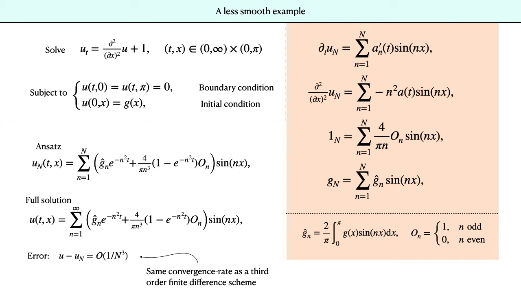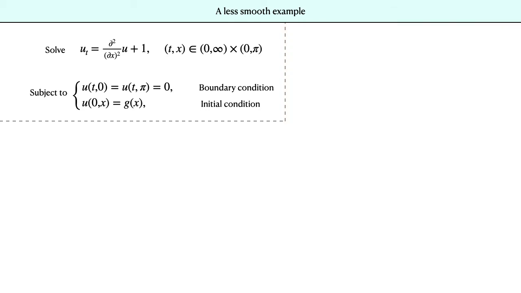So yeah, the reason that we get a slow convergence rate this time around is because of a hidden non-smooth part of the solution. So the source term and the boundary condition don't cooperate very well in this example.